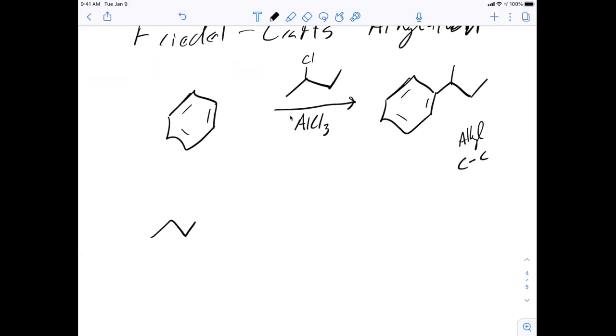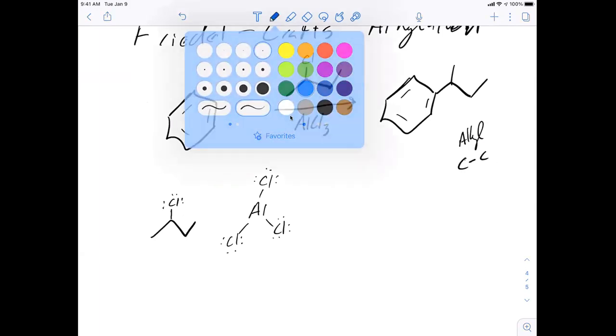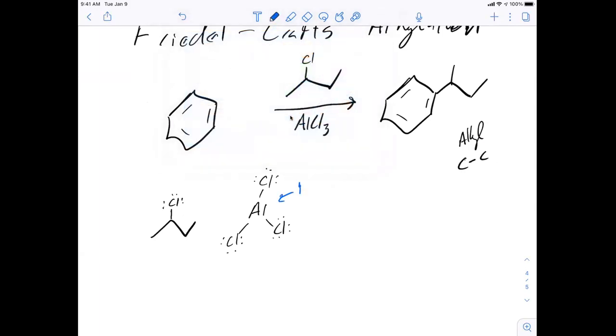The first thing that happens is the chloride reacts with the AlCl3. Remember aluminum chloride, if we put all of our lone pairs in here, remember that aluminum has an empty orbital. So aluminum and boron are fine with 3 bonds, right? And an empty p orbital. So this is an empty p orbital.